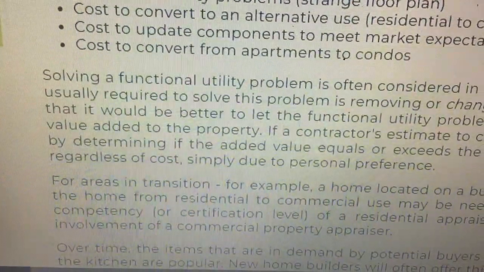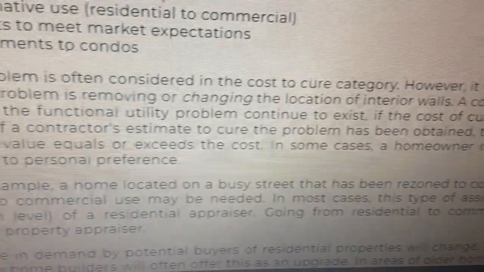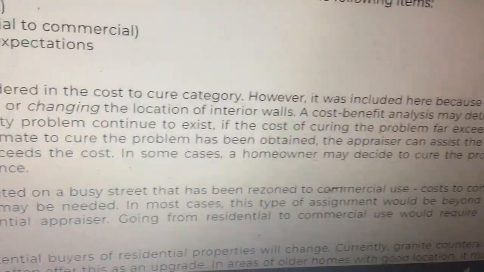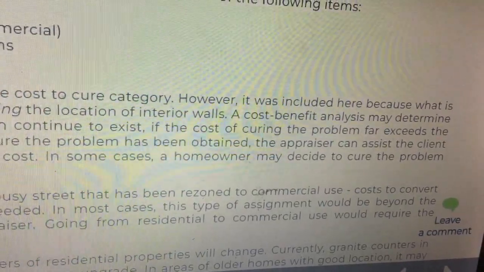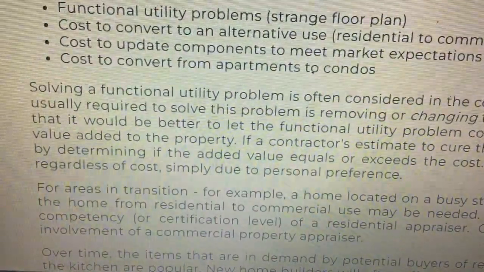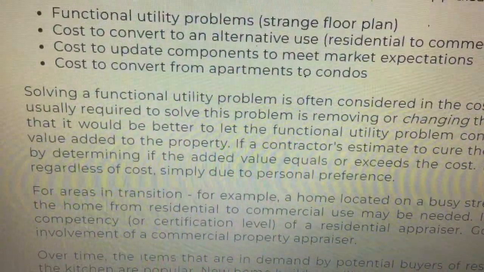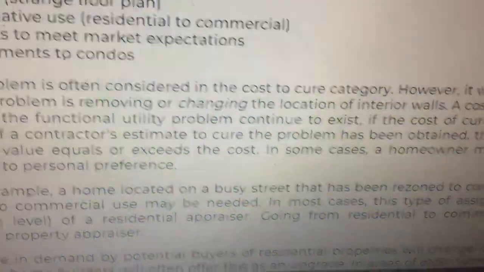For areas in transition, for example, a home located on a busy street that has been rezoned to commercial use, costs to convert the home from residential to commercial use may be needed.